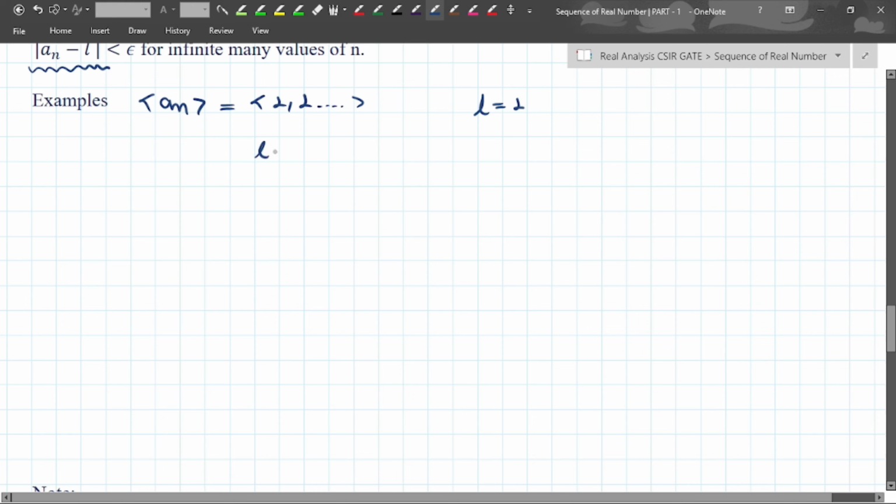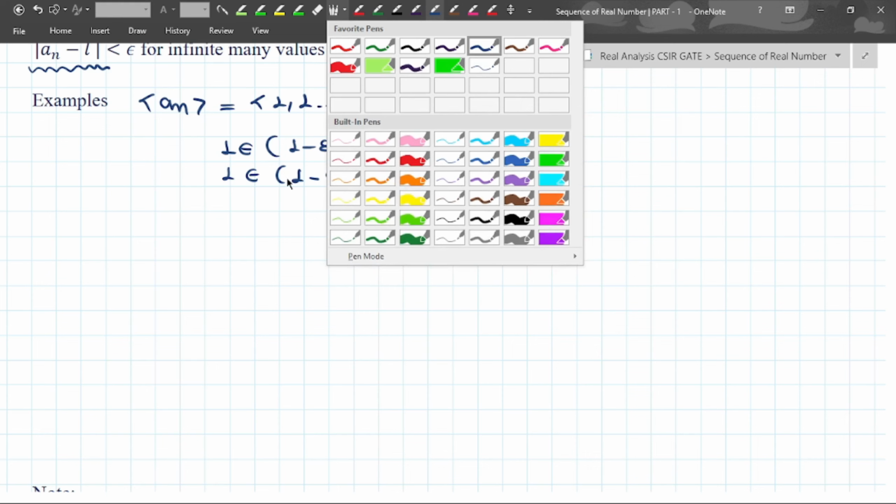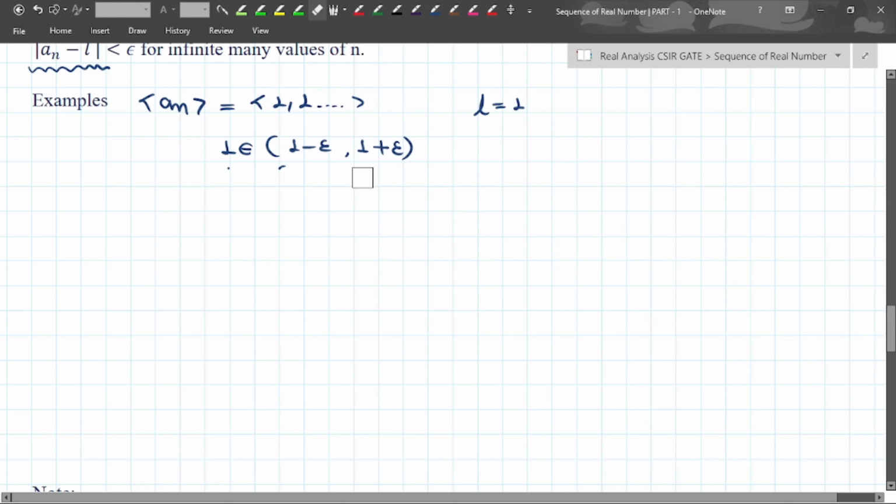Then I write 1 minus epsilon, 1 plus epsilon. Is 1 contained in this? Yes. The next term is 1 again, contained in this interval. It means each and every term of the sequence is contained in between this only.